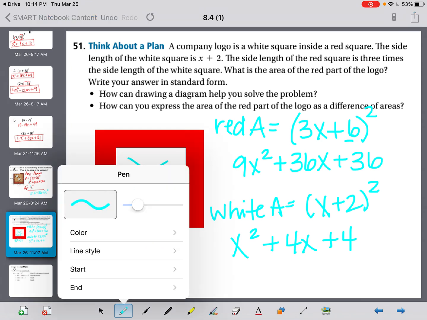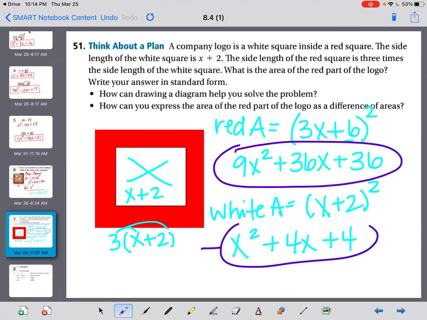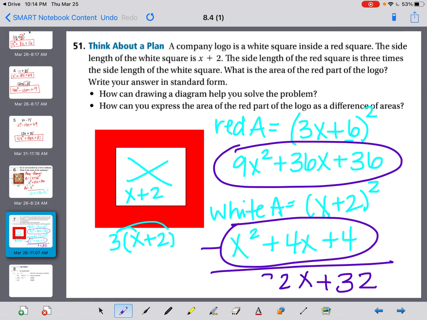So we're subtracting this one minus this one. 36 minus 4 gives me 32. 36x minus 4x gives me 32x. And 9x squared minus 1x squared is 8x squared. That's the area of the red outline.